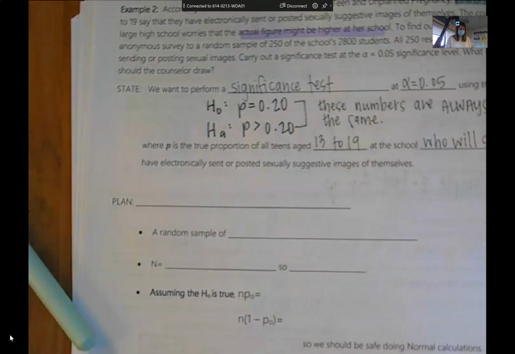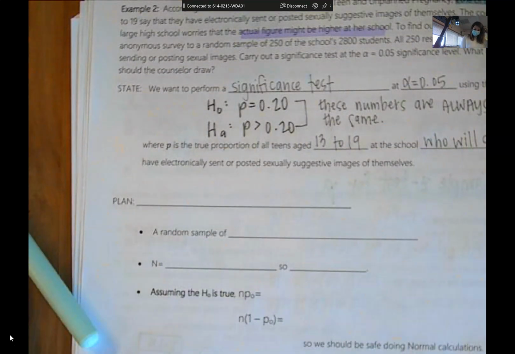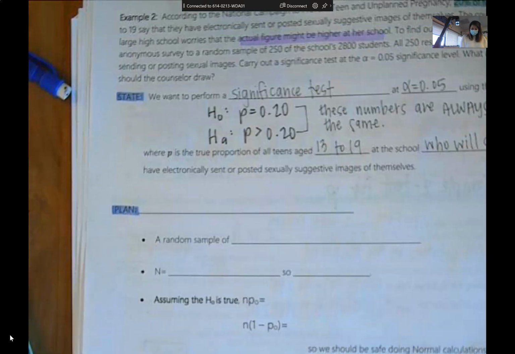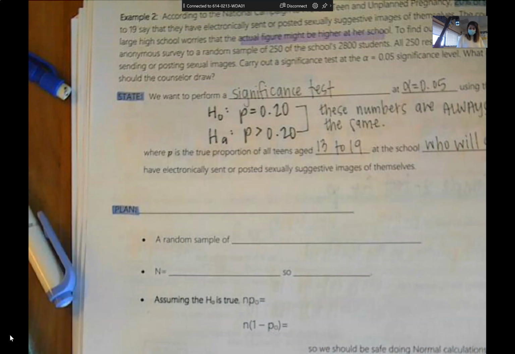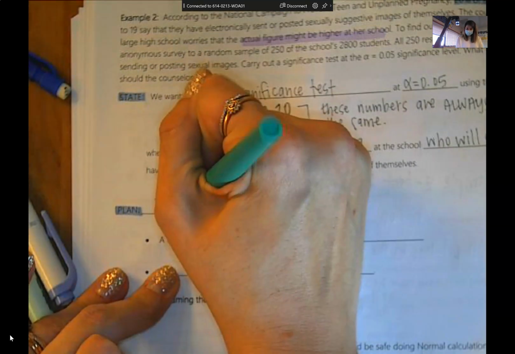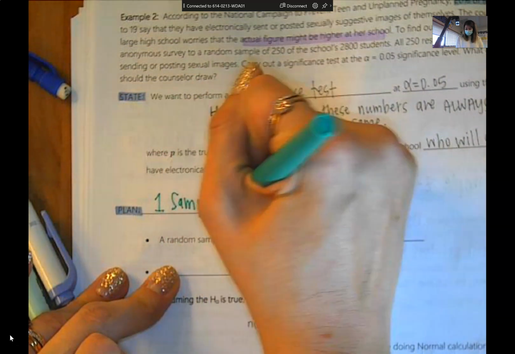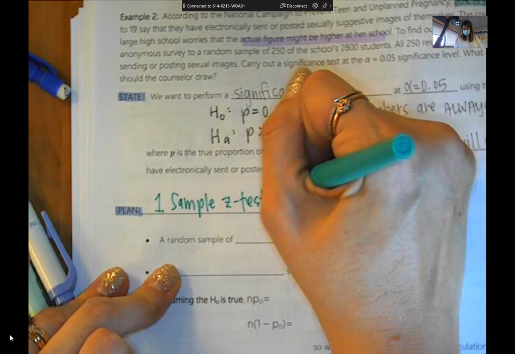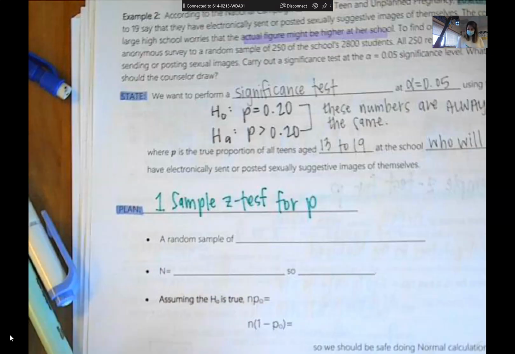Okay, our plan. So remember, in all of these, we're going to get our state, plan, do, conclude. So our plan this time is the same as last. We want to run a one sample z-test for p.